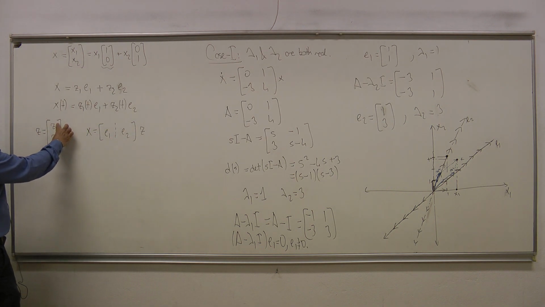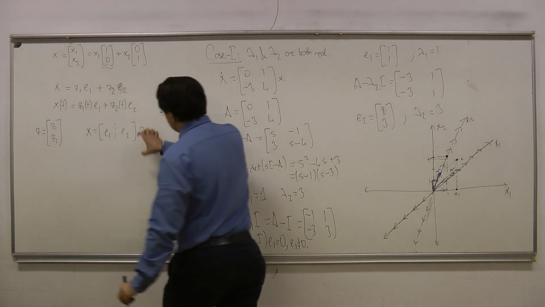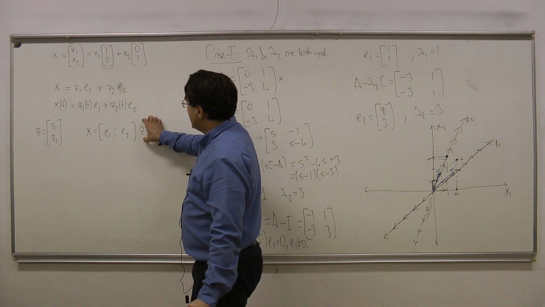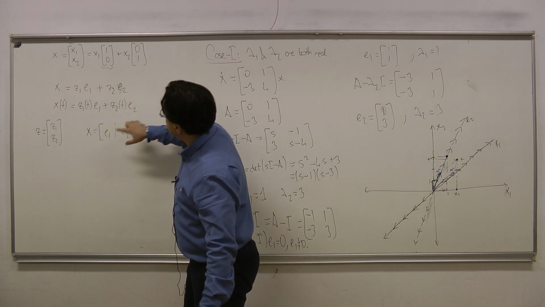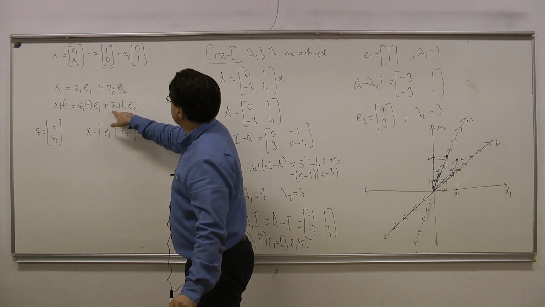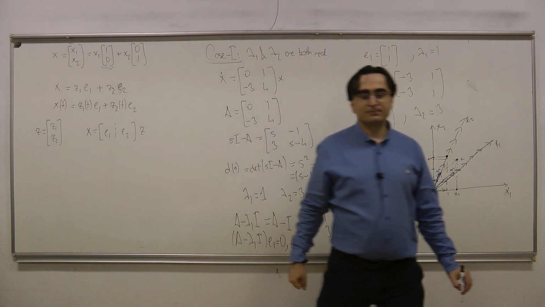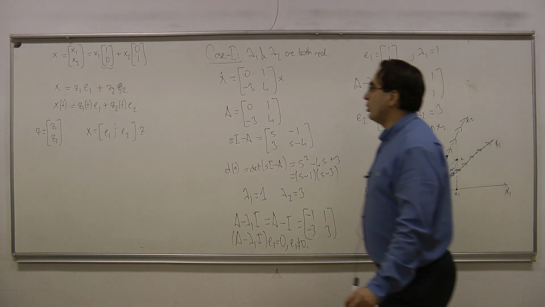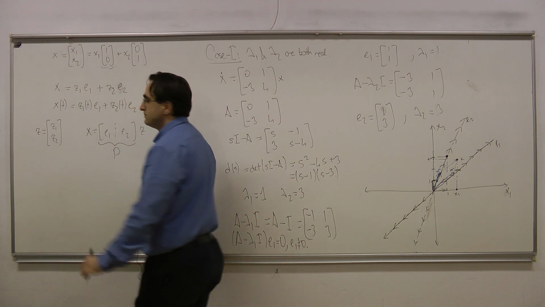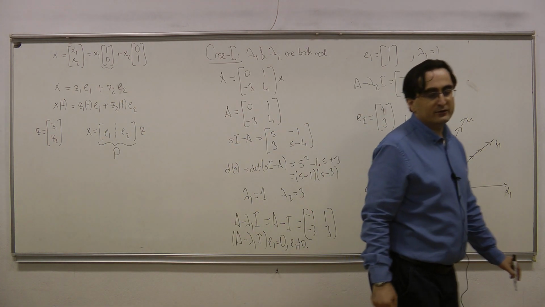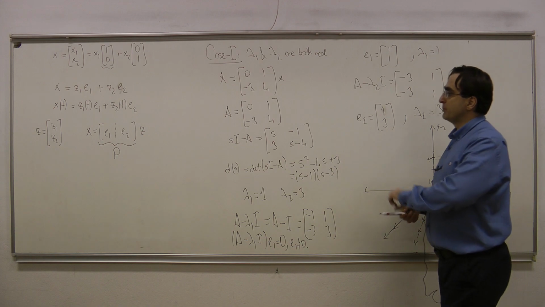When I put z1, z2 here, you see that x is going to be z1 times E1 plus z2 times E2. I will call this matrix P.